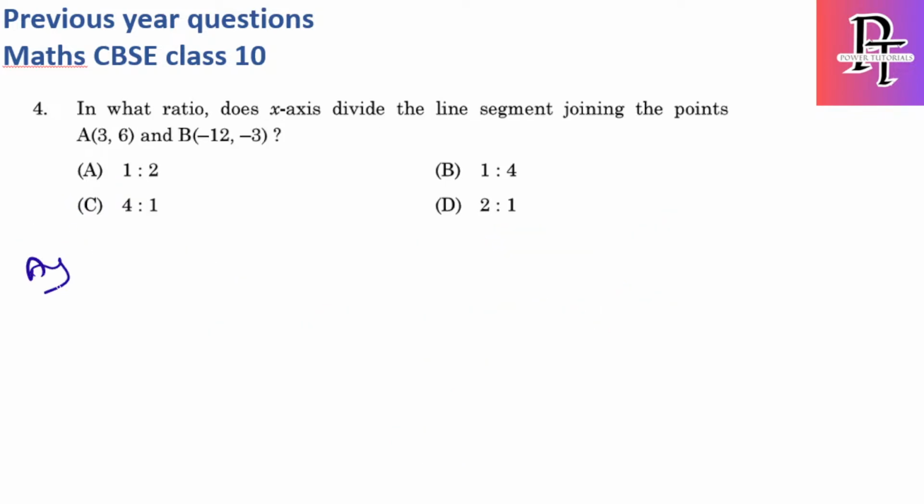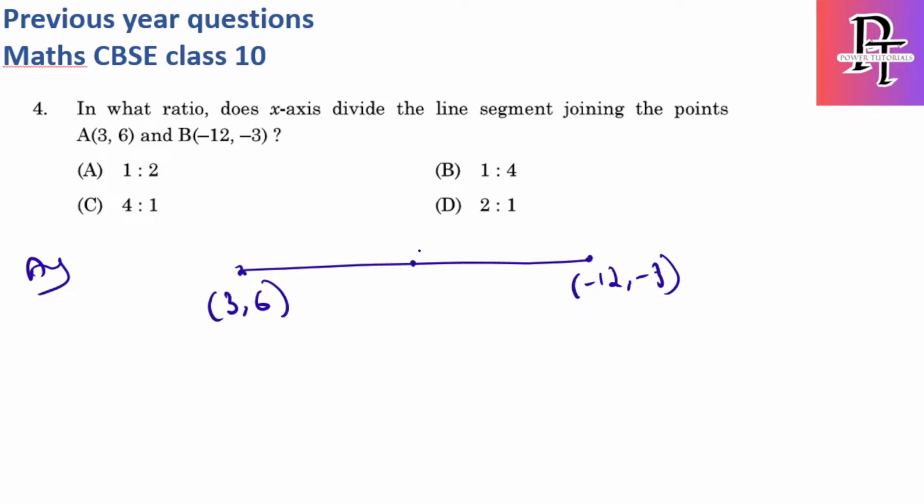Fourth one. In what ratio does the x-axis divide the line segment joining the points A and B? So this is A and this is B: (3, 6) and (-12, -3). The x-axis divides this line segment. For the x-axis, the y-coordinate will be 0.